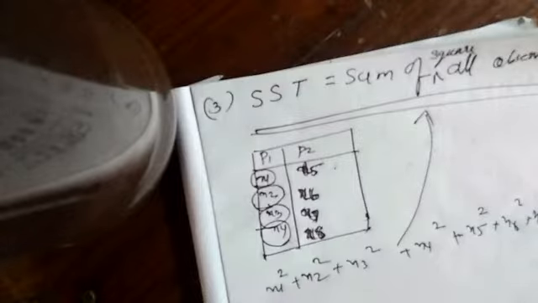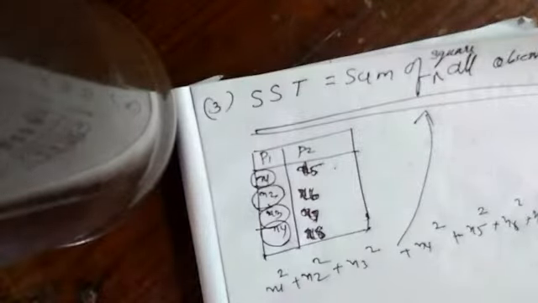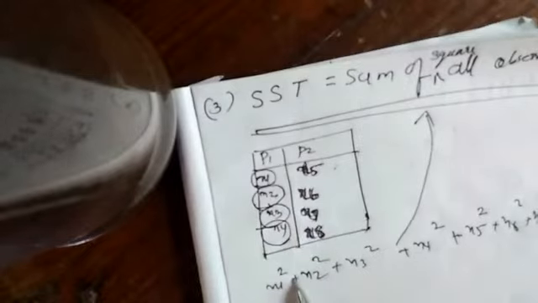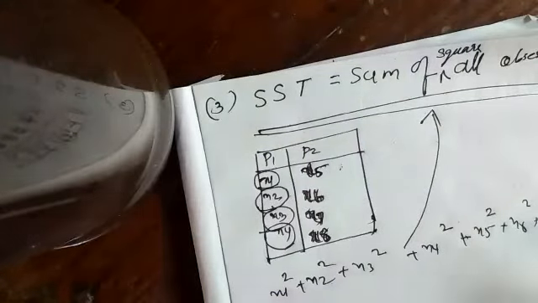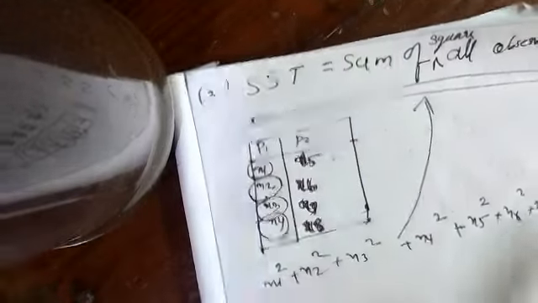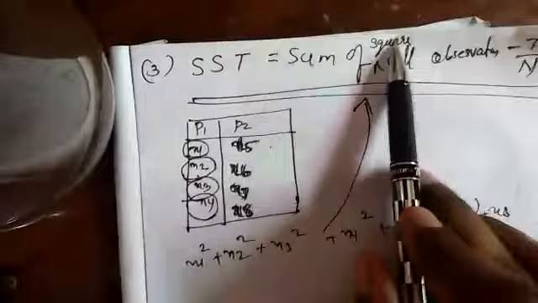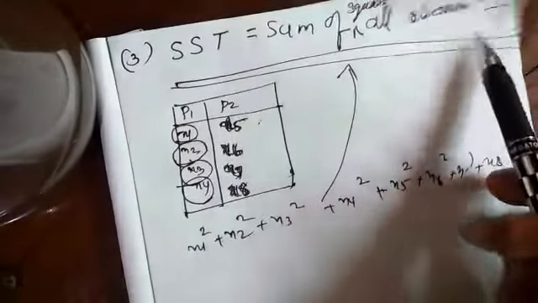You take each observation's square and add it. That is the meaning of sum of square of all observations.